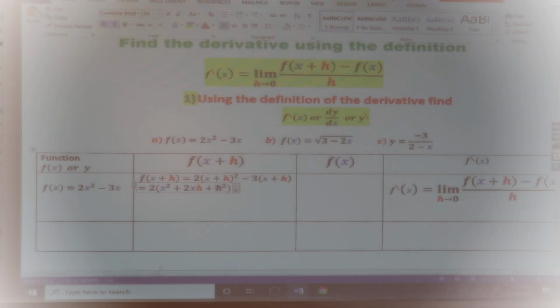Simplify before you apply to the formula. Minus 3x, multiply the 3 here: minus 3x plus 3h.